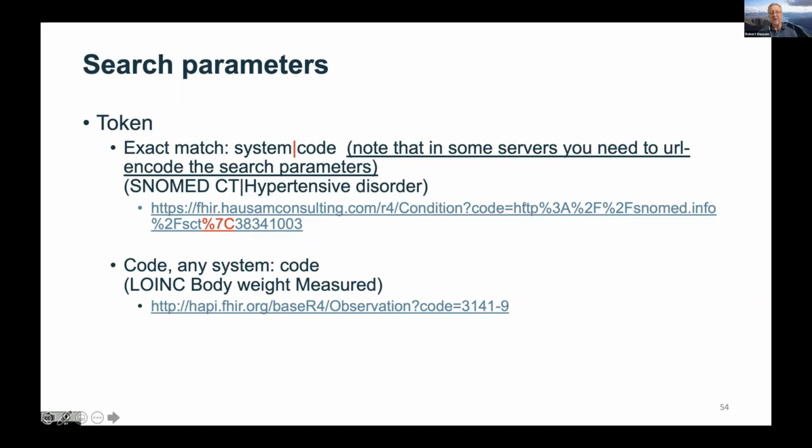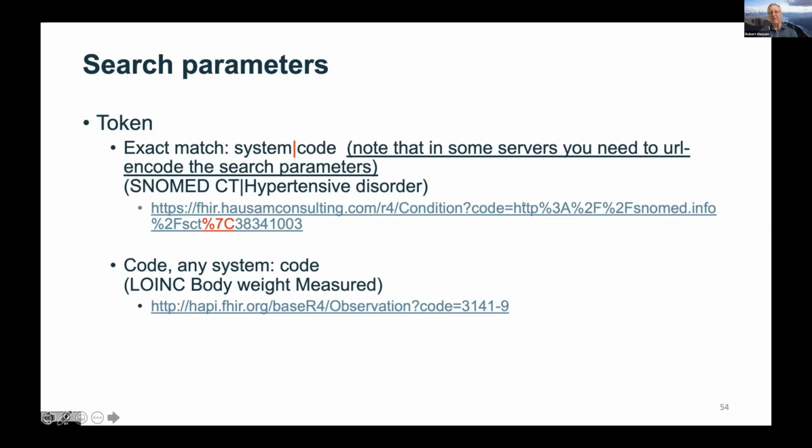So we have the code system here, and you see the escaping, because not all servers require this. Some do, and some do to more or less extent, but the escaping is often the best practice in order to make sure there's no ambiguity about what's being sent in the query string.